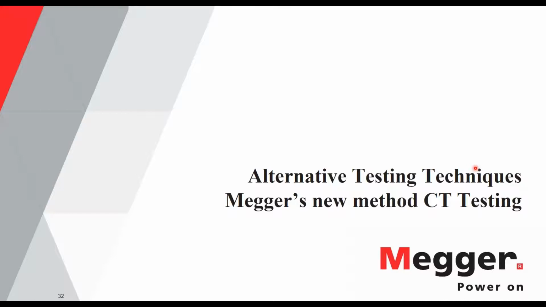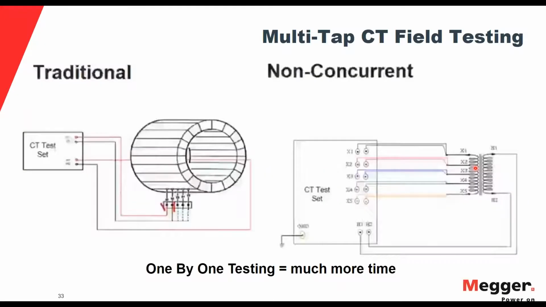So the first thing about CTs: some of them come in multi-winding. When you want to test these CTs, you usually have the test equipment do the test between two taps, then change to the test between the other two taps, and so on and so forth.